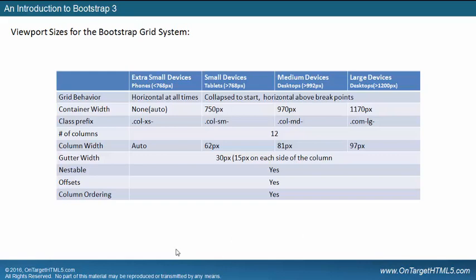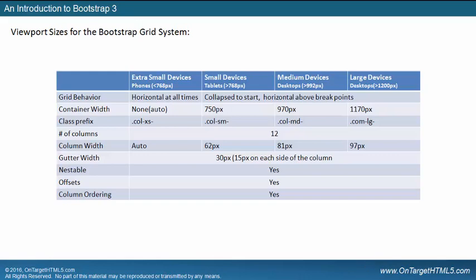Our column width is going to be automatic based on the small device. The gutter width, we have 15 pixels on each side of the column, so that's 30 pixels total. So keep that in mind as you're setting up your pages. These are nestable. We can include offsets and we can include column ordering. And that'll be in a future grid tutorial as we move forward. You're going to see what nestable, offsets, and column ordering are.